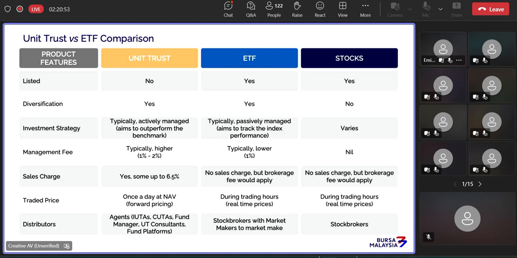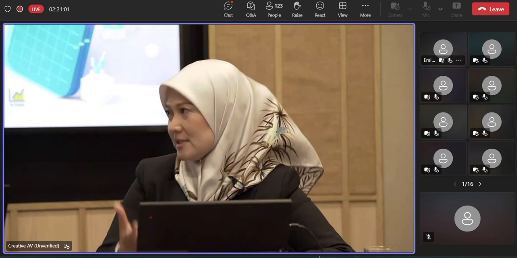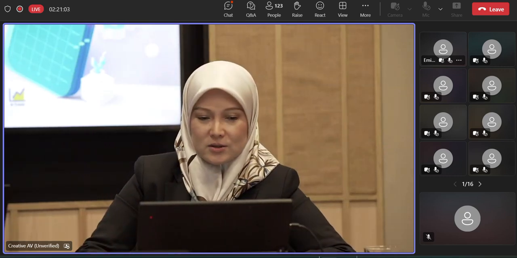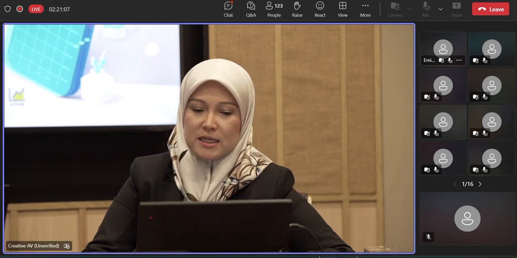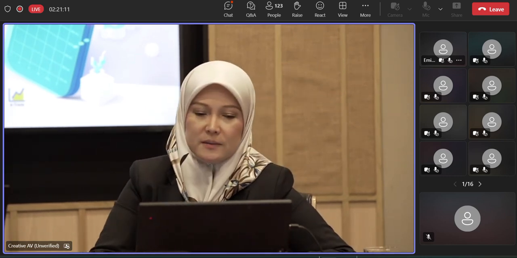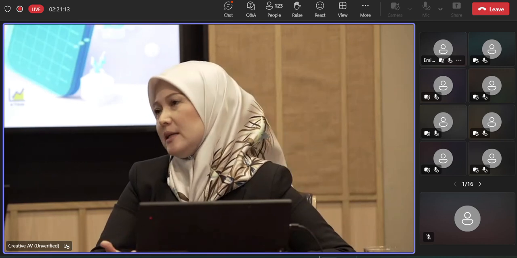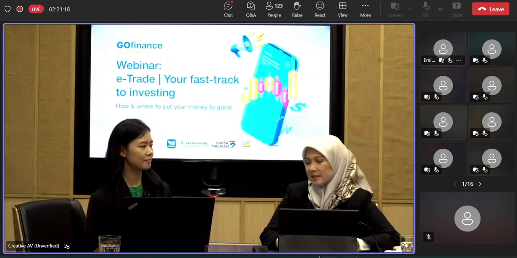It can be, like I mentioned earlier, stocks, bonds, commodities, for example. Stocks have no diversification. If you invest in an individual stock, you invest in that stock but not in other stocks. And in terms of the investment strategy, unit trust is actively managed, which I explained earlier, and ETF is passively managed, so it aims to track the index performance.